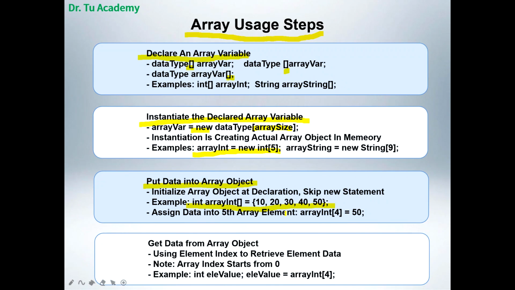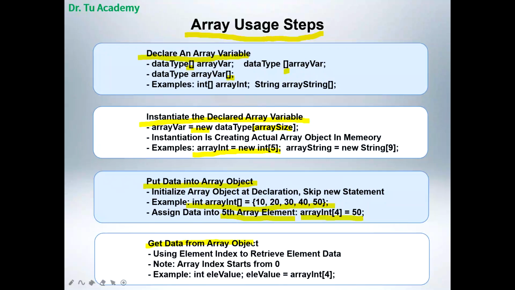So how are we going to put new data into the fifth element? We use arrayInt bracket 4. You can't put 5, because remember the index starts with 0. So for the fifth element, the index is 4. So we put 50 into the fifth element.